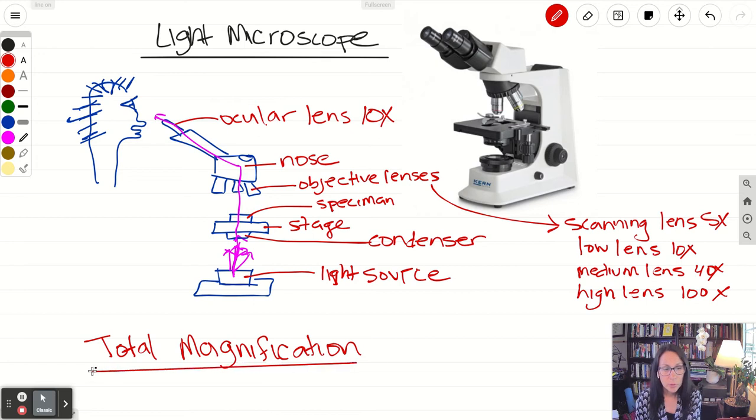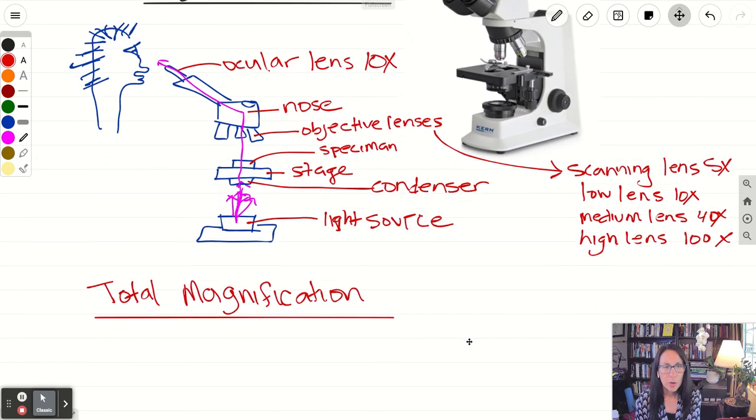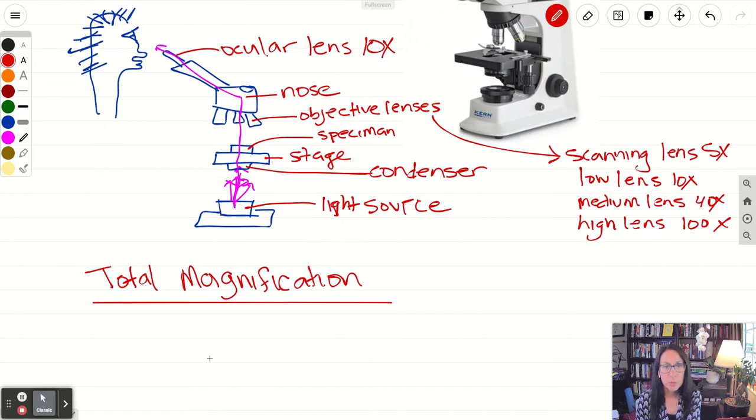What you do is you multiply the ocular lens to the objective lens. So I'm going to put ocular times objective. For example, the ocular is always 10x.